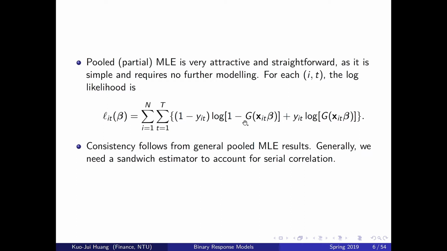And you can take the partial derivative with respect to beta and set it to 0. And you can solve for the betas that maximize the log likelihood function and get a beta estimator. And the consistency follows from general pooled MLE results. So we need a sandwich estimator to account for serial correlation. That is, to make it robust.